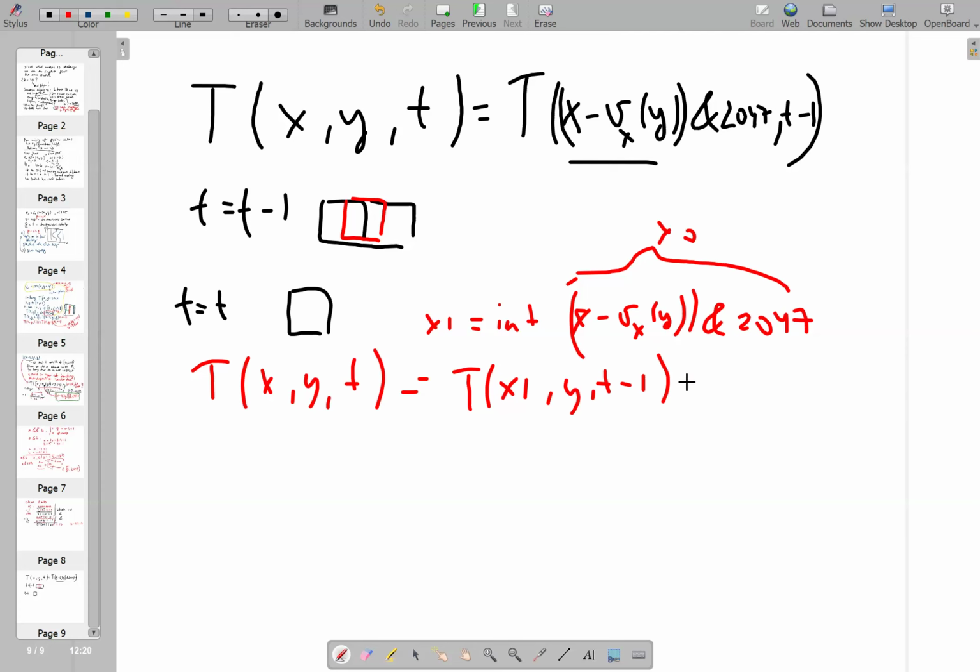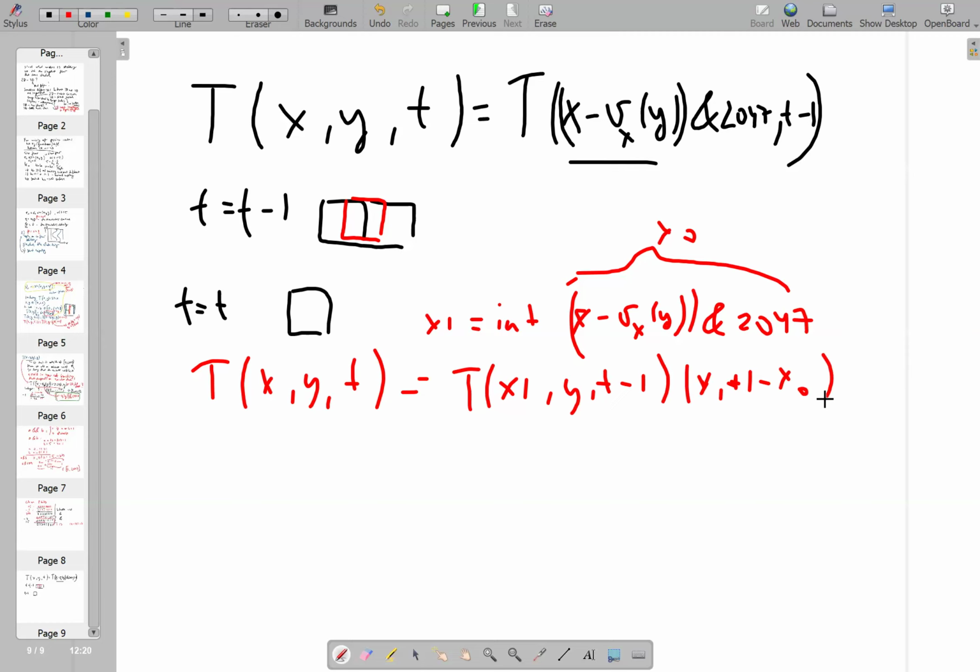Okay, so let me write it, and you can see if you like it or not. So it is x1 plus 1 minus x naught. This is the weight here. It's the first weight.